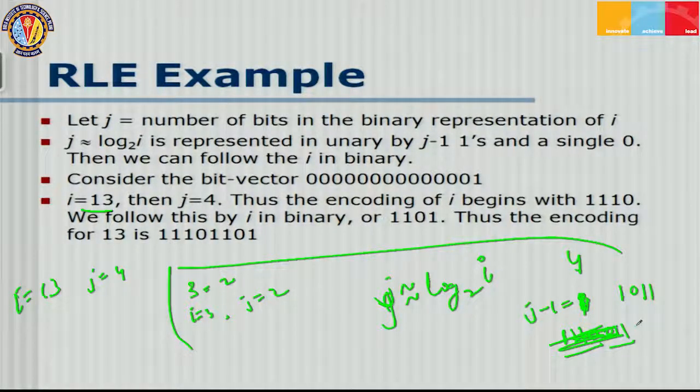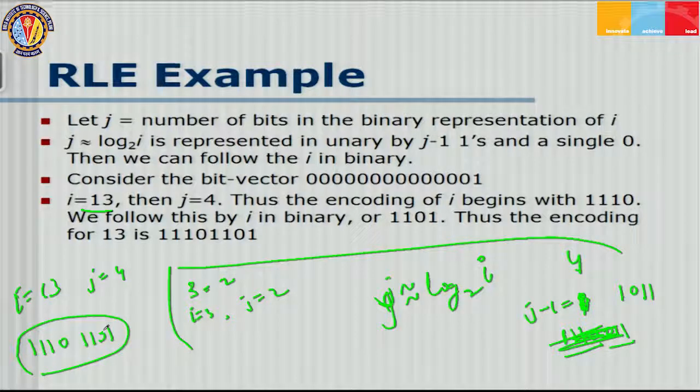So this would be the encoding for this case. Now if I is equal to 13, j is equal to 4, so I would have 3 ones followed by a 0, and then 13 in binary. 13 in binary is 1101. So this would be the run length encoded version of the bit string given here.